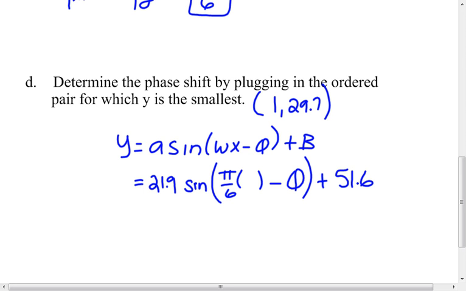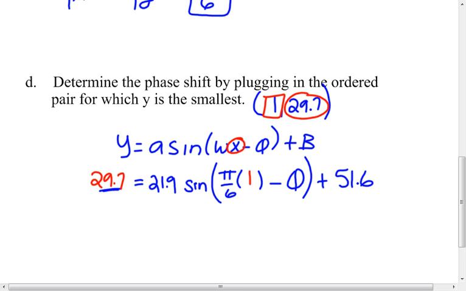Okay, then what goes in here is the y value of your coordinate. So in that spot is my y value, which happens to be 29.7. So 29.7 here, and this obviously is your x, and your x value right here is 1. Okay, so I'm going to plug 1 in for x and 29.7 in for y.